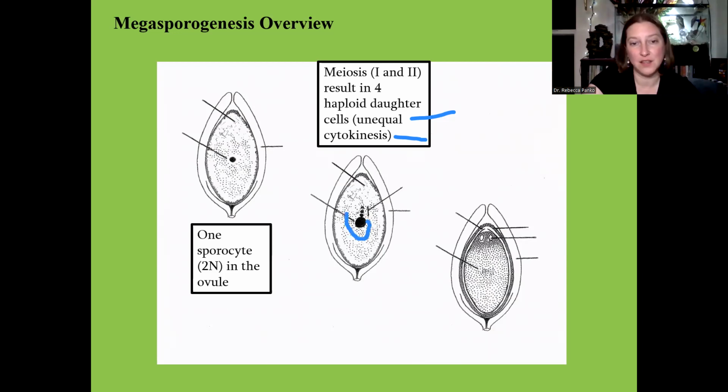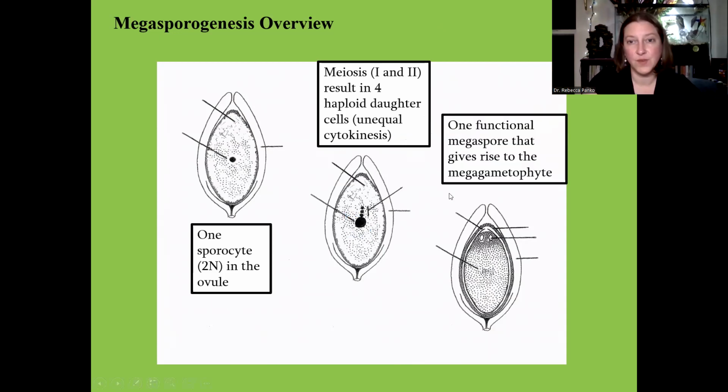One of the spores will get most of it. The other ones will be kind of puny. And that is going to be your functional megaspore, and it's going to grow into the female gametophyte plant.